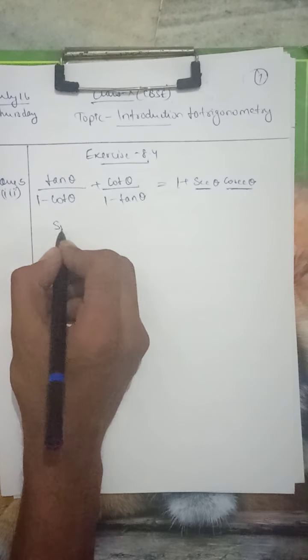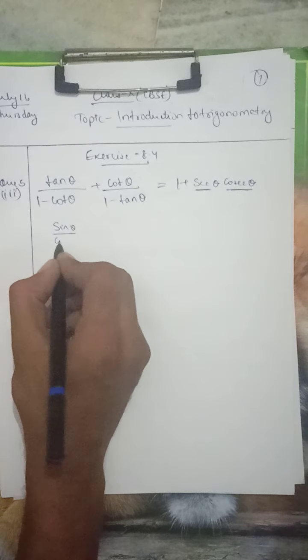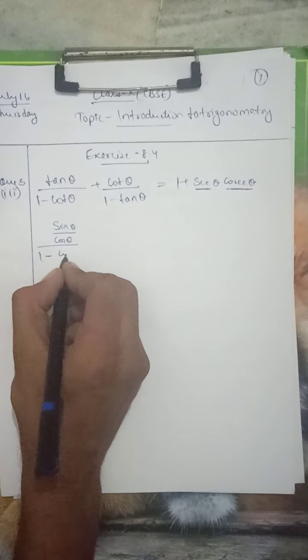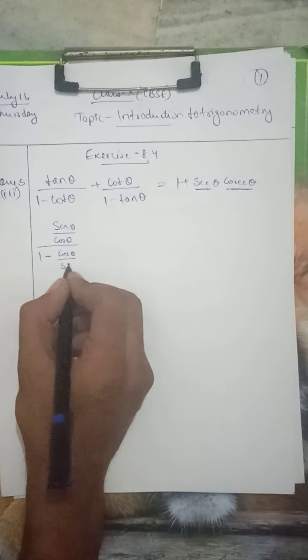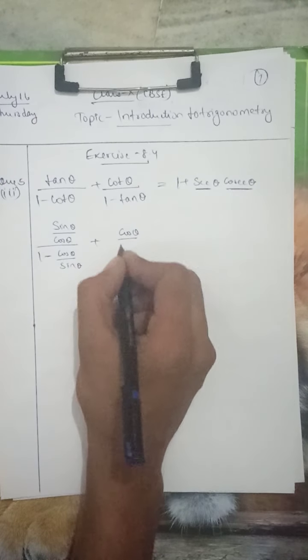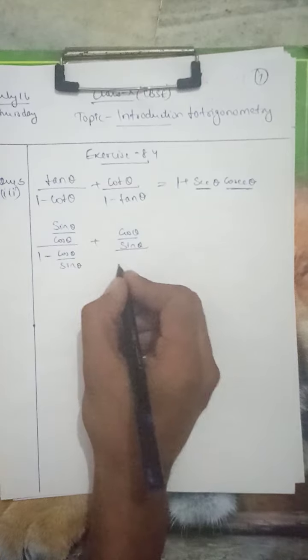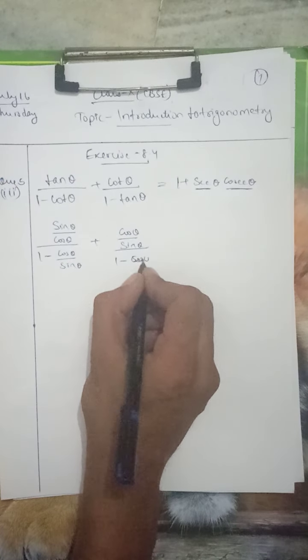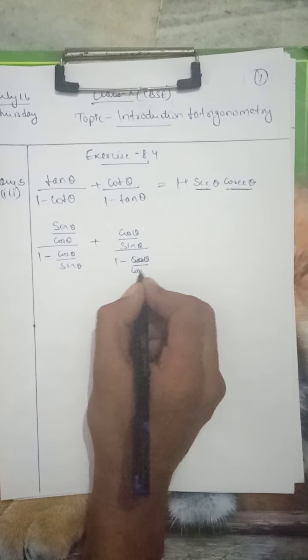After changing, you will get sine theta upon cos theta in place of tan theta, 1 minus cos theta upon sine theta, plus cos theta upon sine theta in the numerator, and in the denominator, 1 minus sine theta upon cos theta.